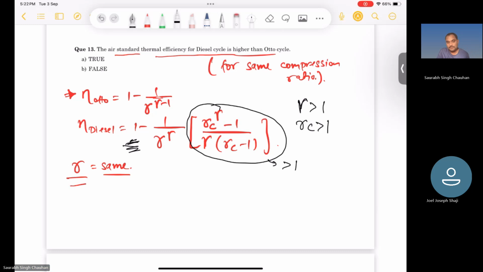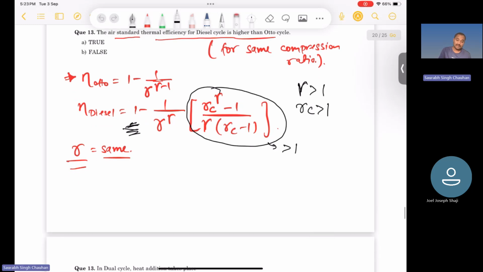Now you can find that this quantity will be greater than one. So either we should prove this, or maybe this can be left as an exercise for you.